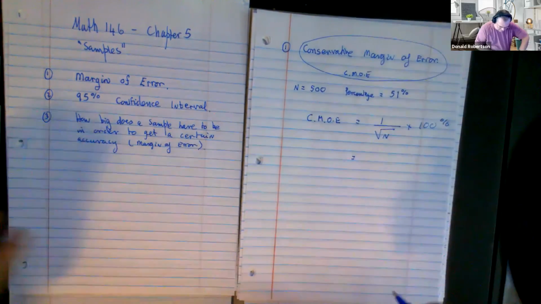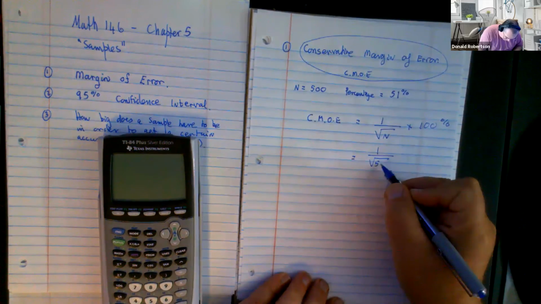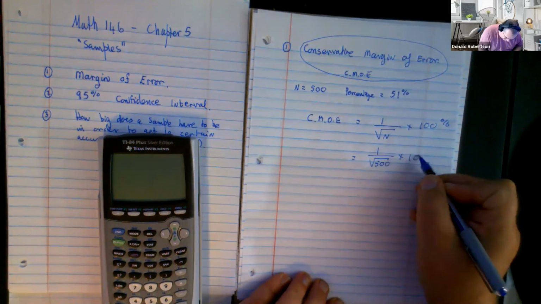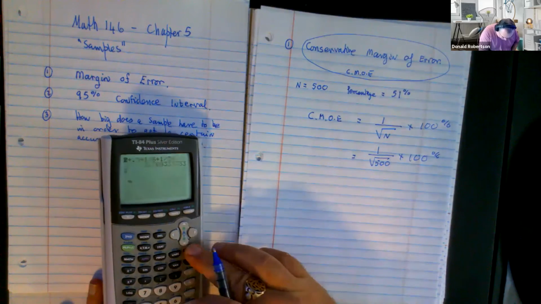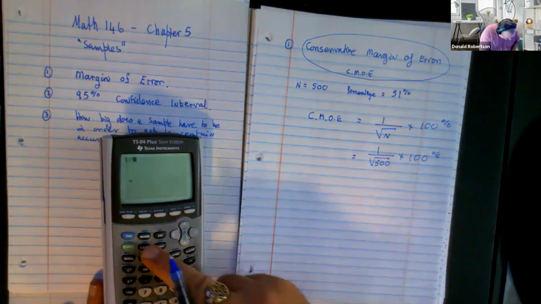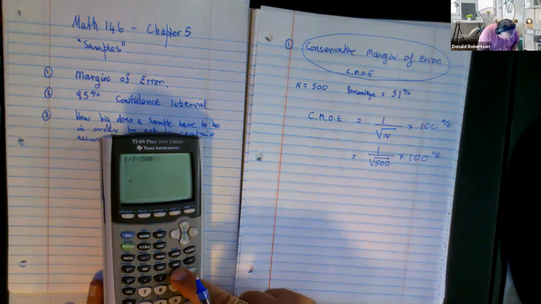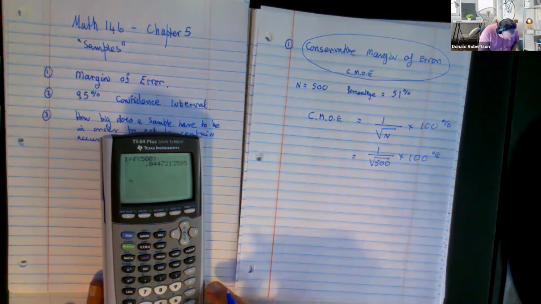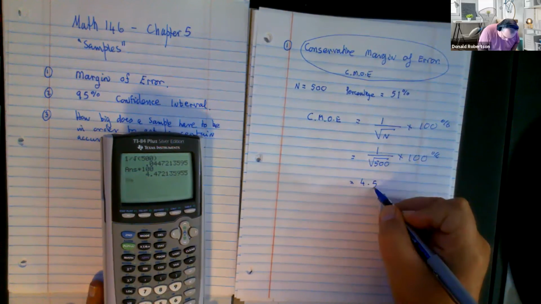So I go to my calculator and I find out what 1 over the square root of 500 is times 100%. When I do that, I get 1 divided by the square root of 500. It's that guy. And I'll times them by 100. And the answer I get, and I'm just going to round it off, is 4.5%.